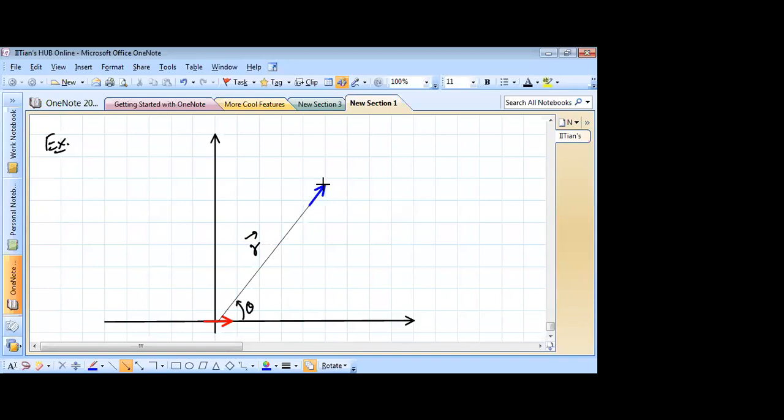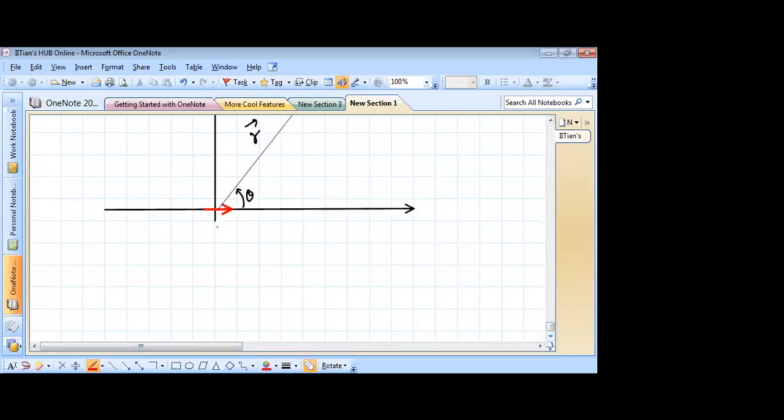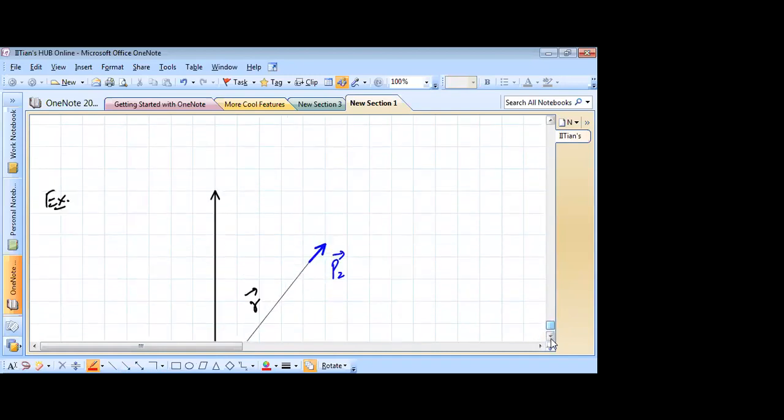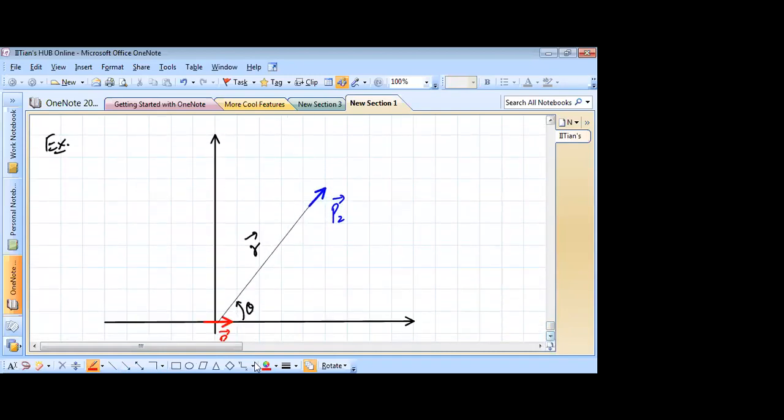It's directly placed radially. This is P2, and this one here is P1. And effectively, this position vector is R.